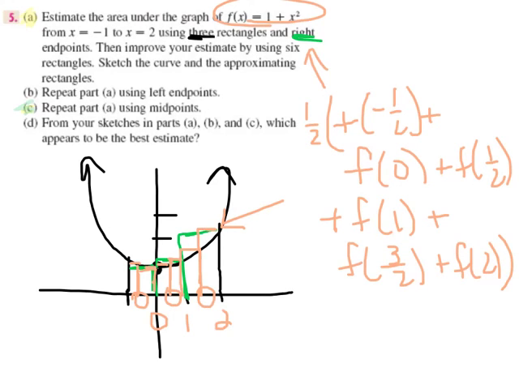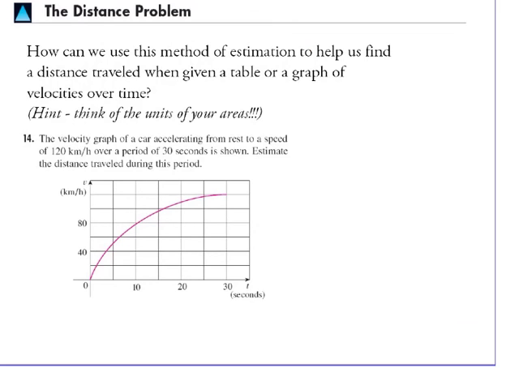And those are the heights of my 6 rectangles. 1 height, 2 heights, 3 heights, 4 heights, 5 heights, 6 heights. So sum those, multiply by the base, and you have your answer.